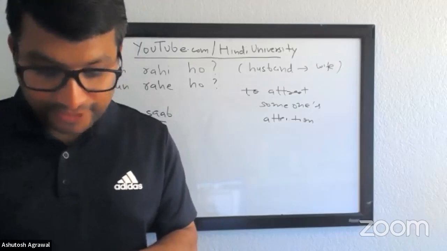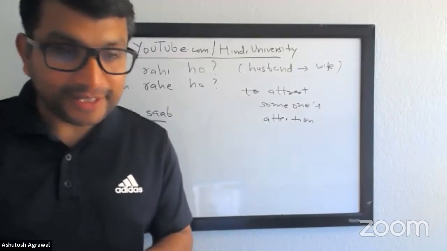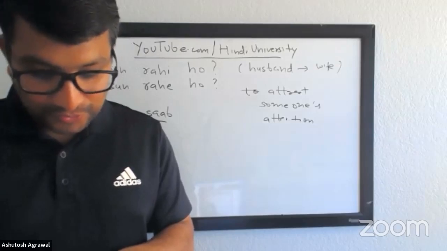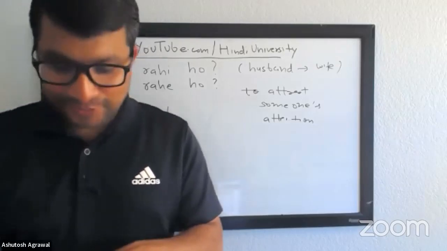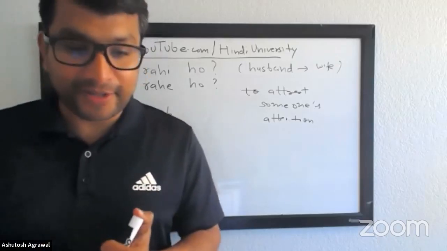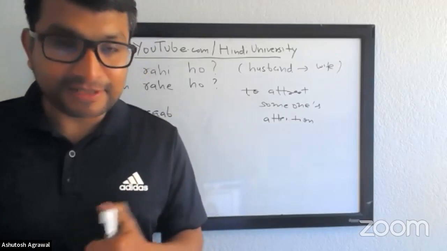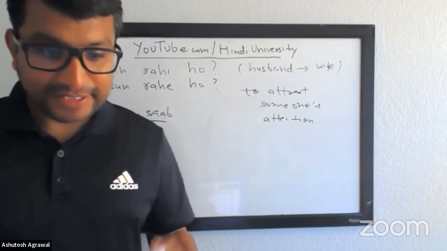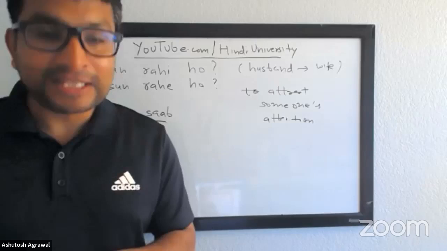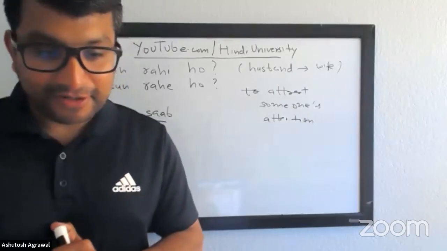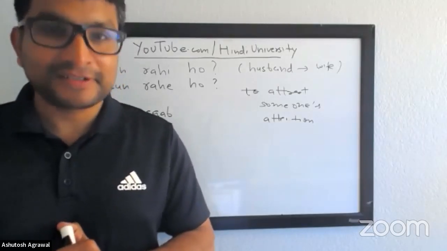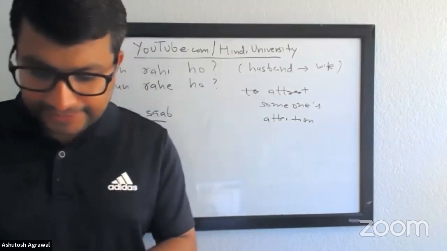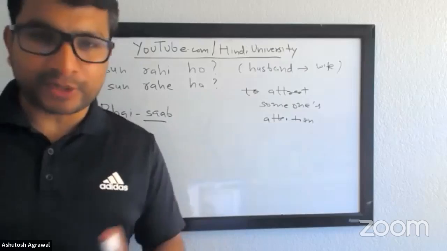So क्या आपको मालूम है is do you know. Do you know लाल किला कहाँ है? Lal Killa is a place, the Red Fort, and the person is asking, do you know where this place is? Where is Red Fort? It's a place in New Delhi.